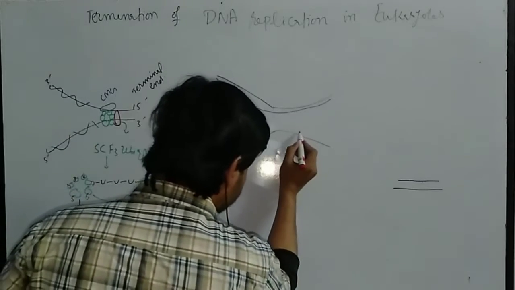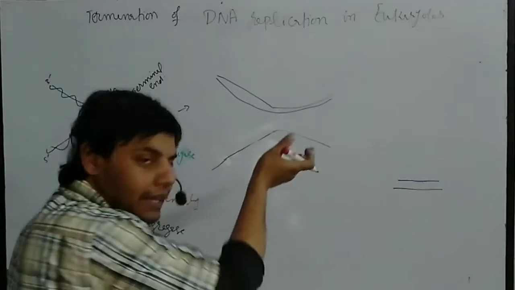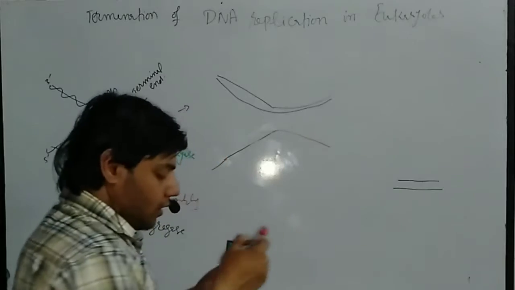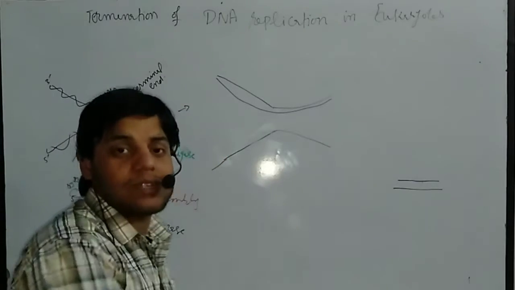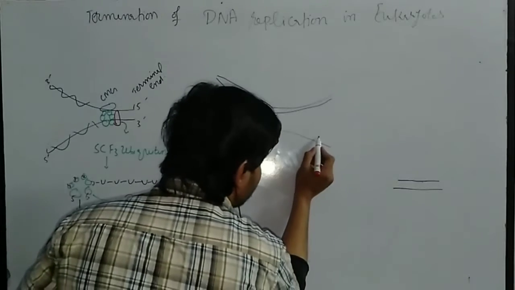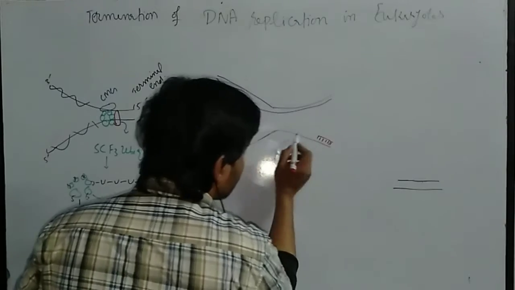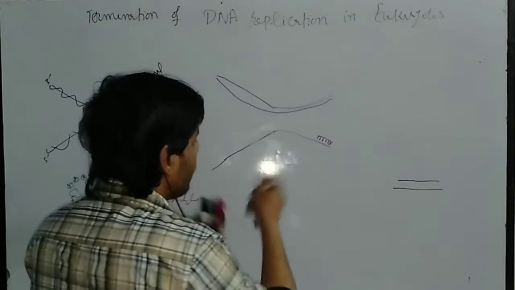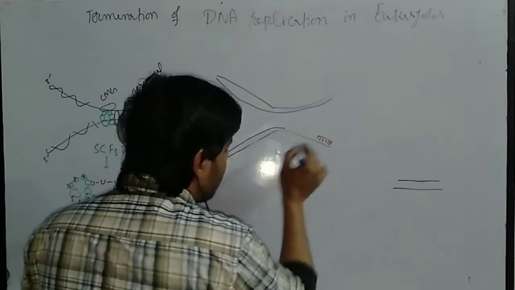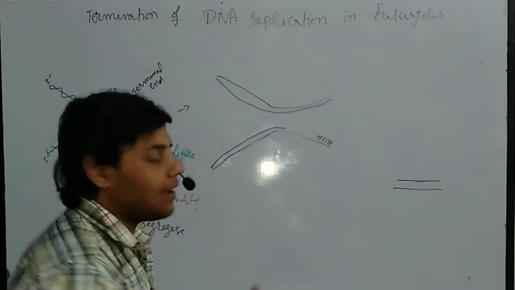At that position the strand is synthesized and the RNA primer is removed. But when the helicase activity is finished, again the primer is added somewhere at the terminal site. Let's suppose this strand is already synthesized. Now again this gap is filled by DNA polymerase delta.